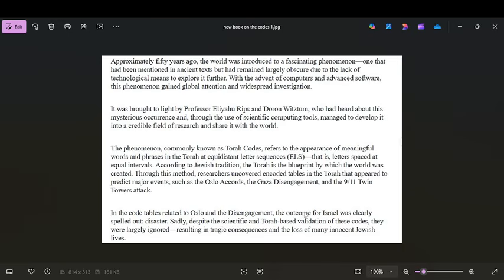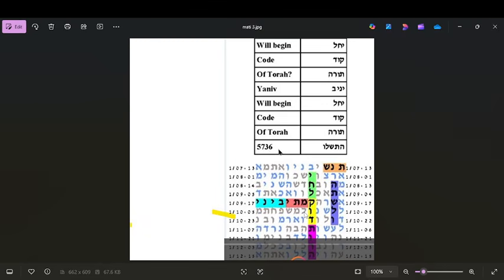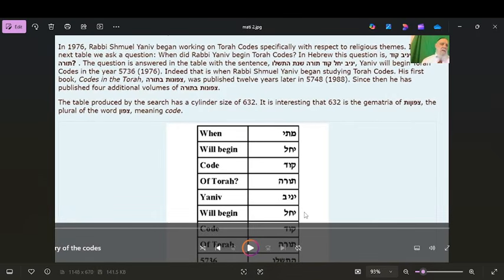So we are going to show you very significant tables, like this one, which is 1 in millions. You have so few words, all of them related, yachel codes Torah, and exactly the year, parallel. And this year, by the way, on top is shnat, the year. Very, very interesting, very significant.